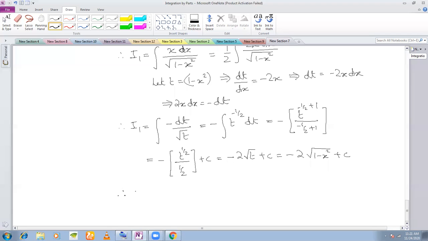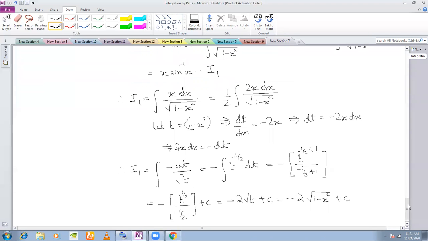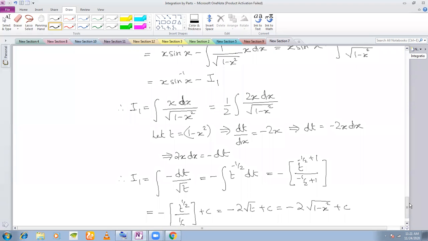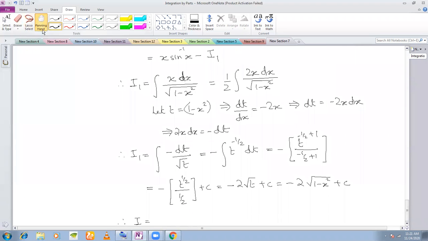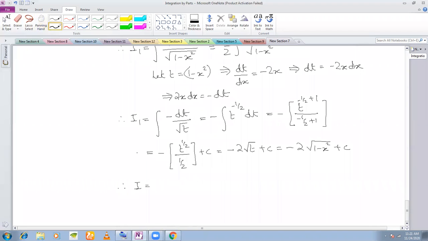So therefore, you're getting I1 as this. Therefore, what is I? What had we taken I to be? We had taken I to be x sin inverse x minus I1. x sin inverse x minus I1.